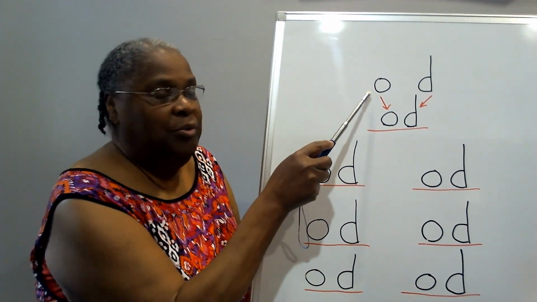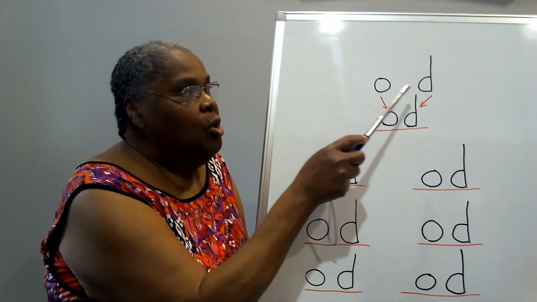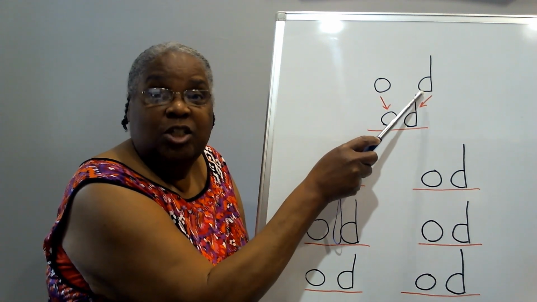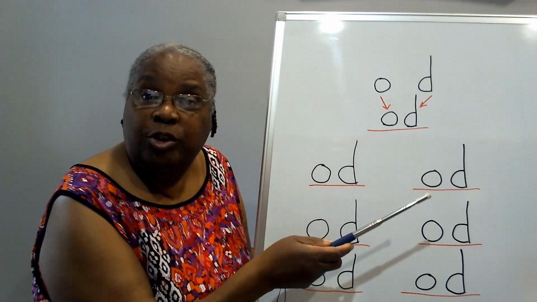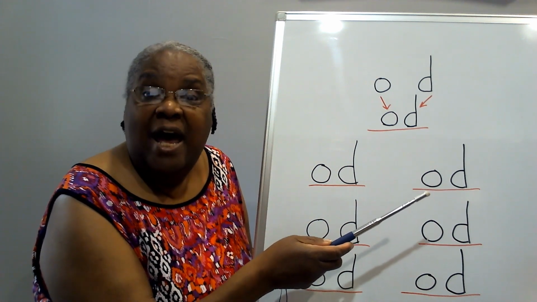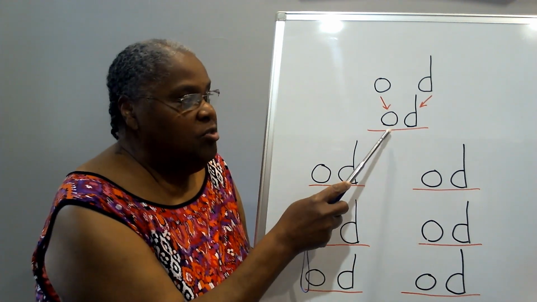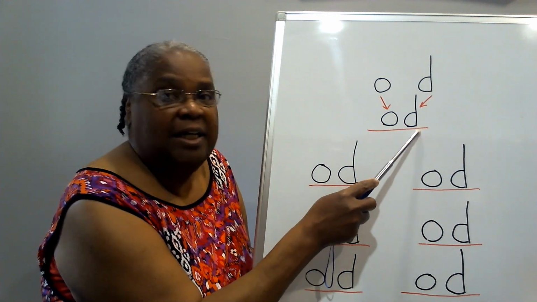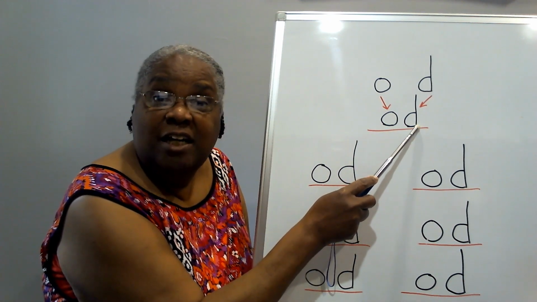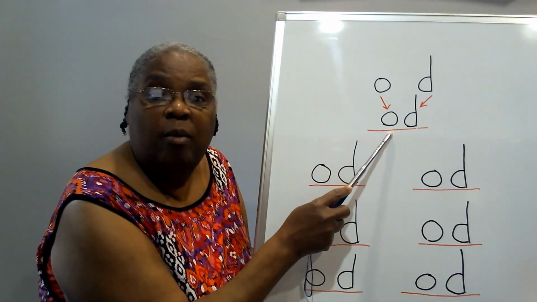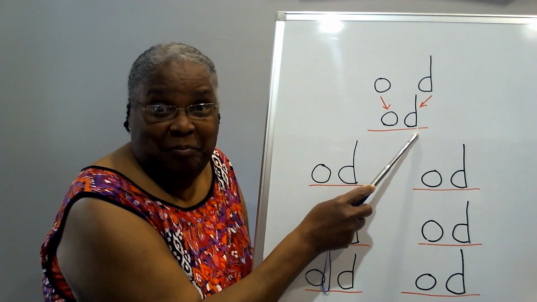Today we will use the vowel O with the consonant D to form the blend that we will use to form words. As you can see, we use the vowel O and we put the consonant D at the end of the letter O to form the blend OD.